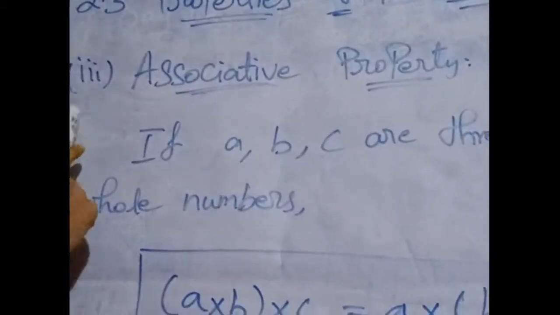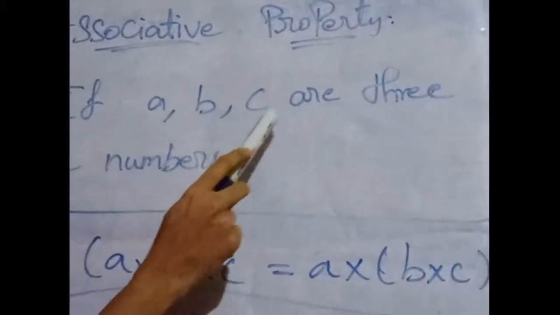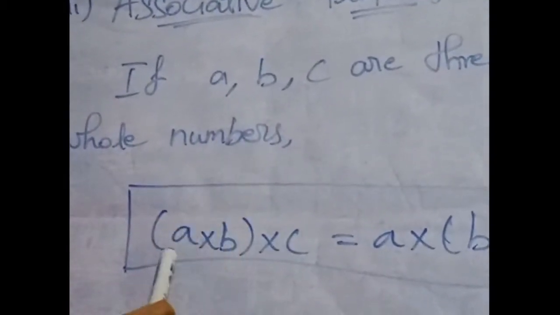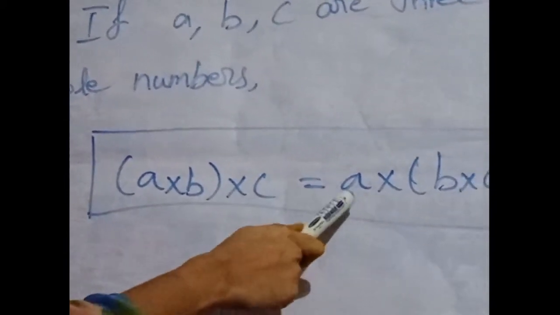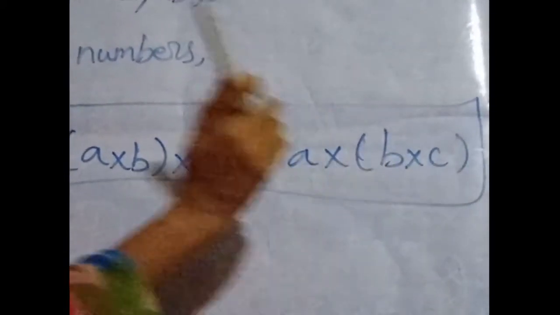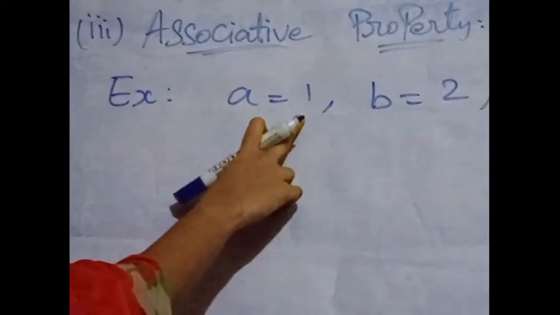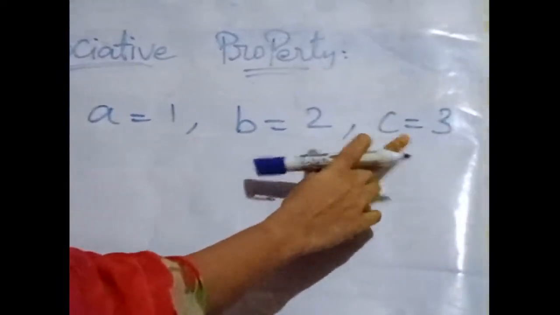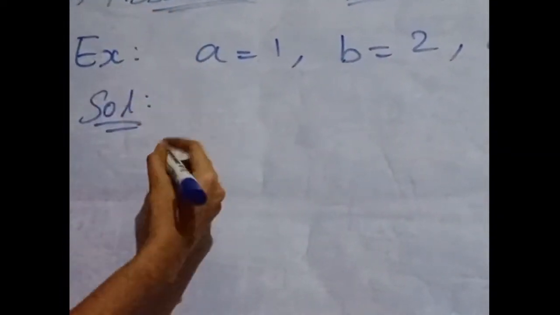Next, third property, associative property. If A, B, C are three whole numbers, A into B into C is equal to A into B into C. Example, A is equal to 1, B is equal to 2, C is equal to 3. Solution. First write the property.